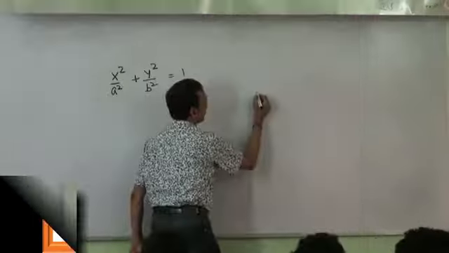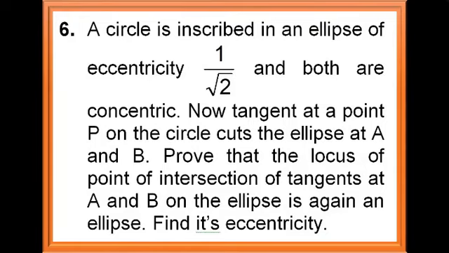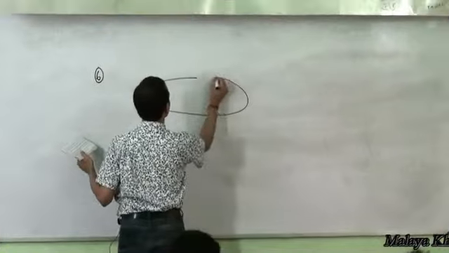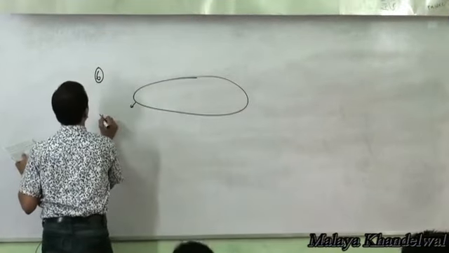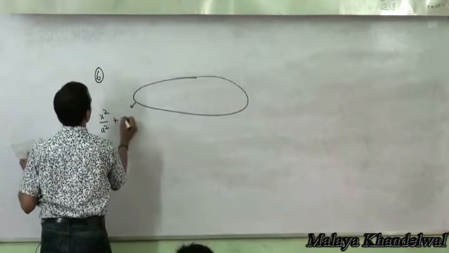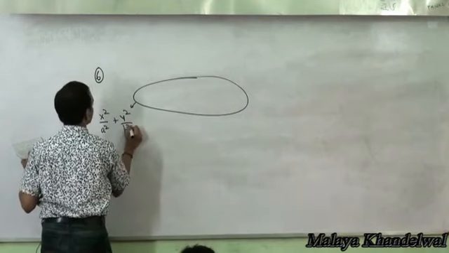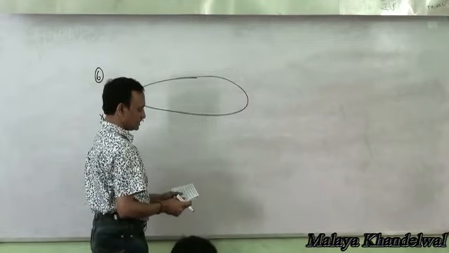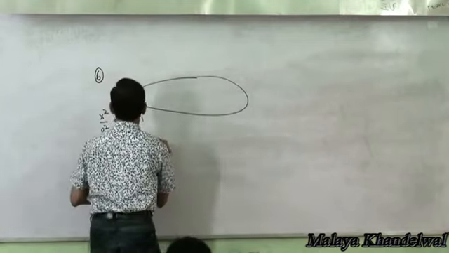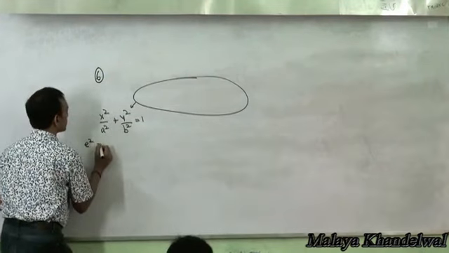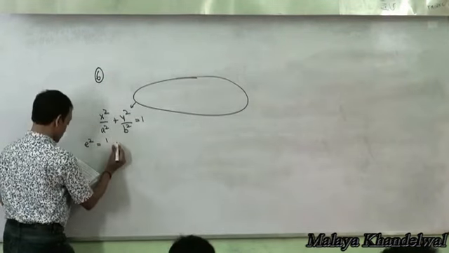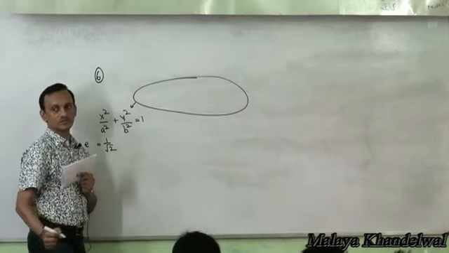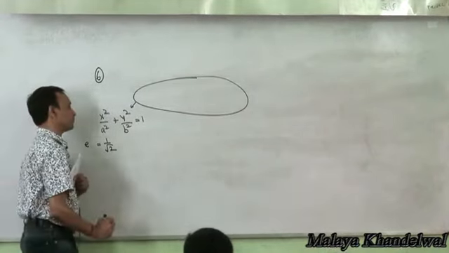Shall I proceed? This is an ellipse, x squared by a squared plus y squared by b squared equal to 1. A circle is inscribed in an ellipse, and the eccentricity of this ellipse is 1 by root 2.